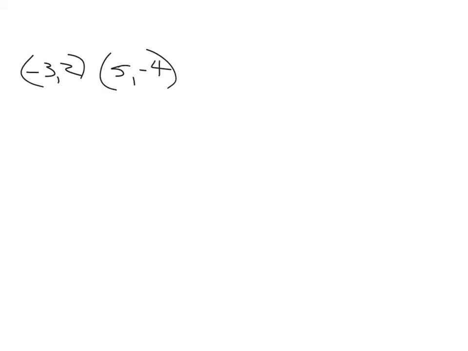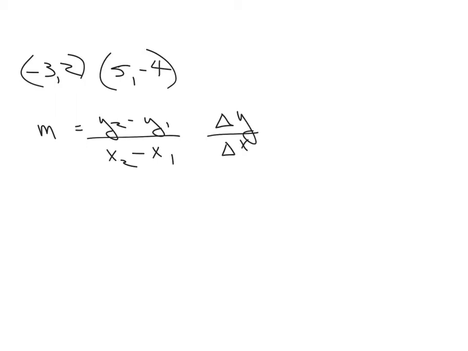Okay, so I'm on example 4a. Find the slope of a line passing through the points negative 3, 2, and 5, negative 4. Really all you're doing is y2 minus y1 over x2 minus x1, or like I mentioned before, change in y over the change in x.